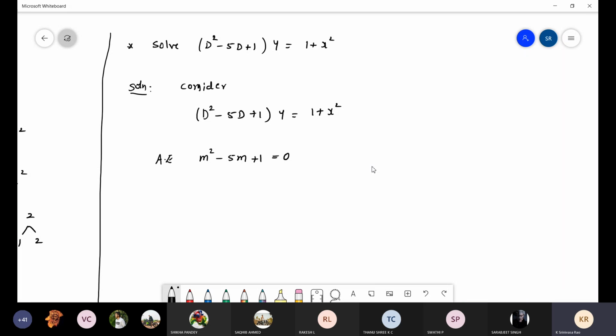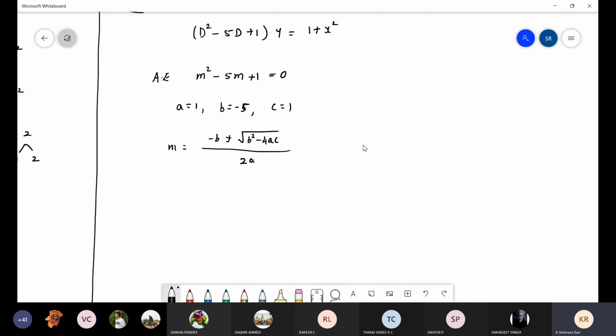You won't get the factors, because the last number, the constant, is 1, less than that 5, and we don't have the factors for that. Go with the formula. a equals 1, the coefficient of m square, b equals minus 5, the coefficient of m, and c equals 1, that is a constant. Now m equals, write the formula, minus b plus or minus square root of b square minus 4ac divided by 2a.